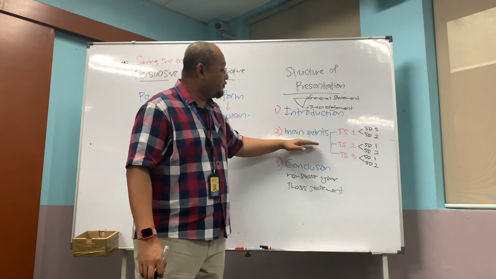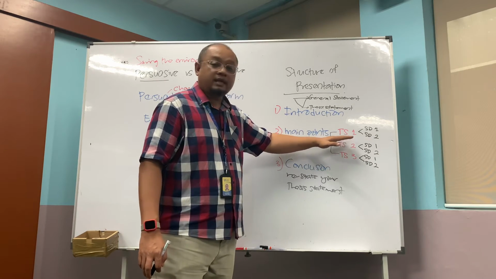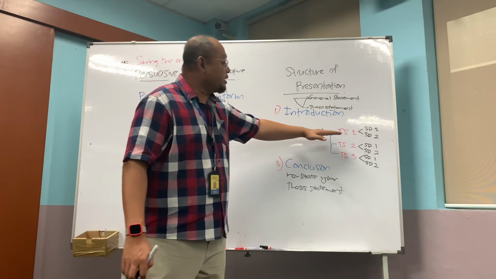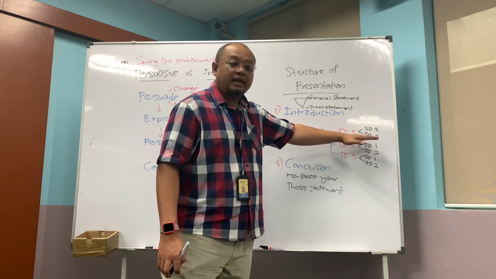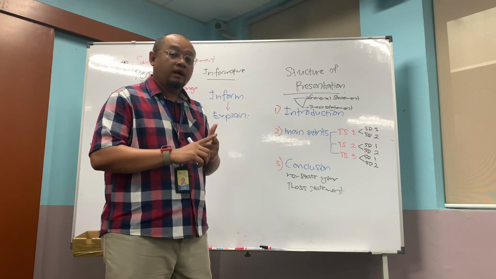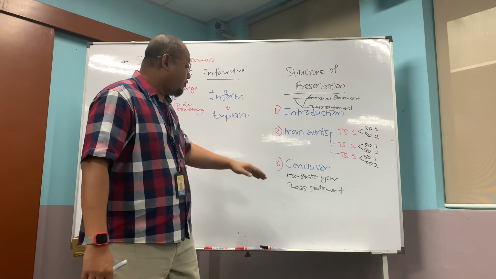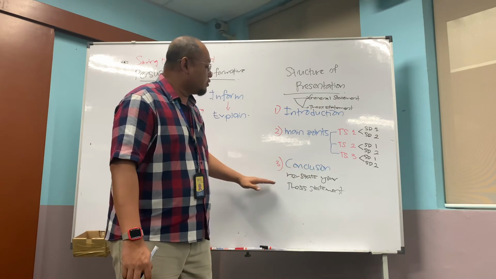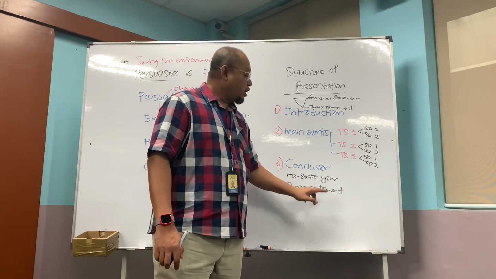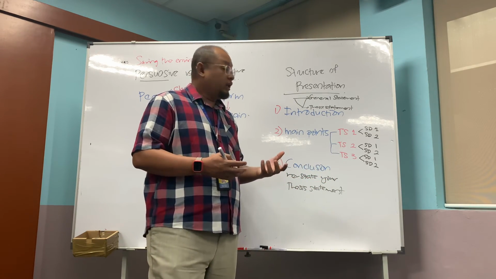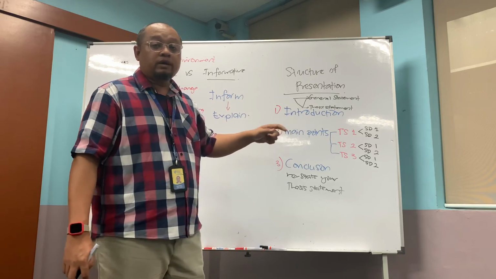Then you need three topic sentences, meaning three main points. Each topic sentence should be supported by at least two supporting details, in the form of an explanation or an example. Then you have the conclusion, where you restate your thesis statement, why you want the audiences to change their mindset or do something in order to comply with your topic.